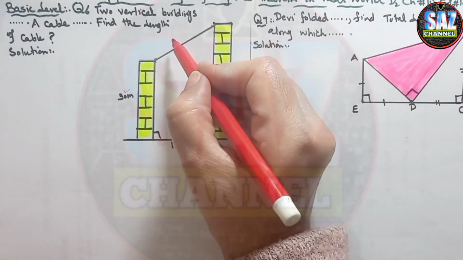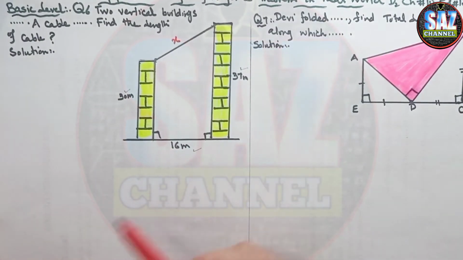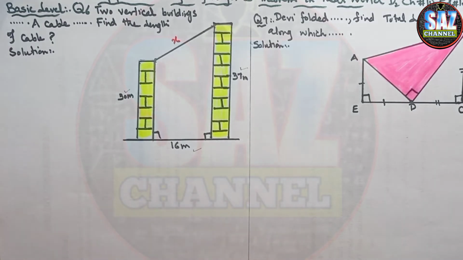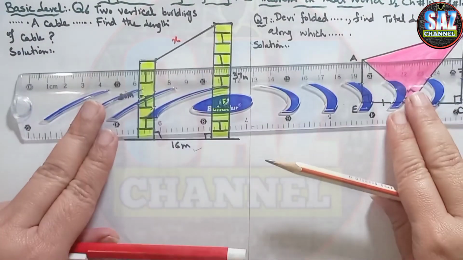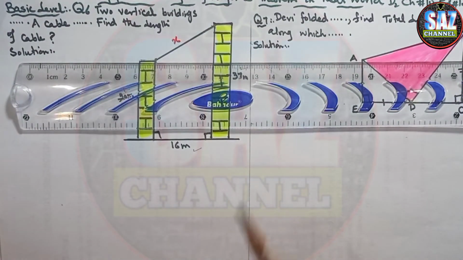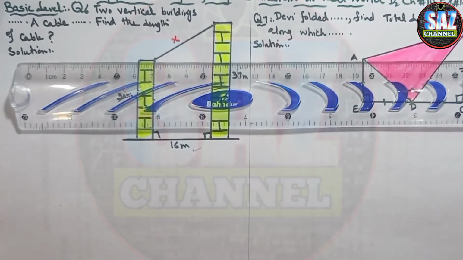And now if we look at the diagram and situation, we can see that the buildings are 37 meters and 30 meters high. And if we look at this portion of the diagram, this is same for both the buildings. So it means till this point the height of both the buildings will be same, that is 30 meters.